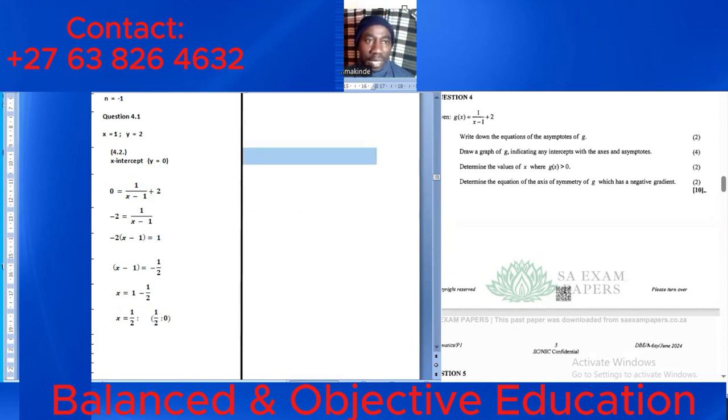Let's calculate the y-intercept. The y-intercept is gotten when x equals 0. We will make appropriate substitution to get the value of y. So y, which is g of x, will be equal to 1 over 0 minus 1, then plus 2.